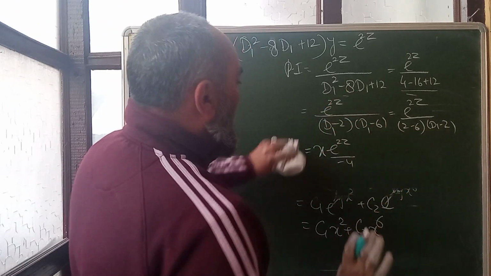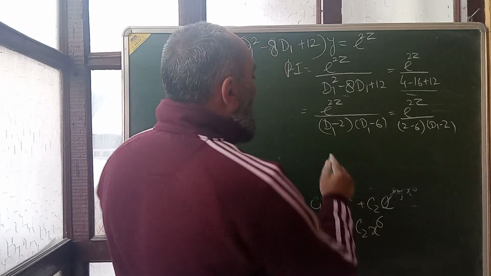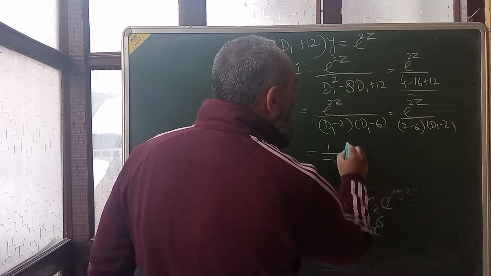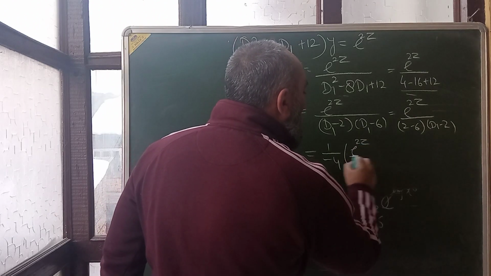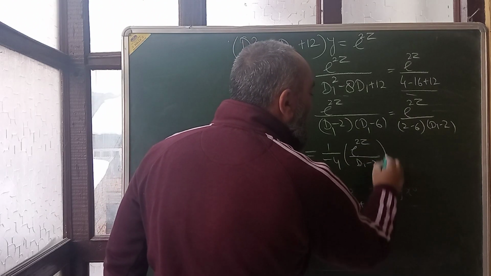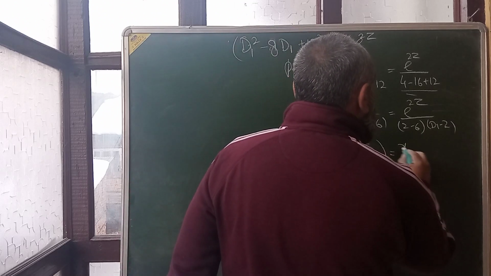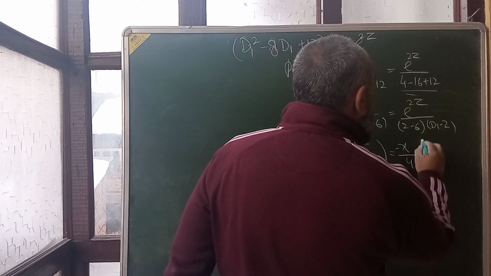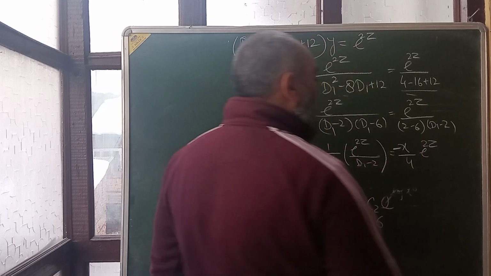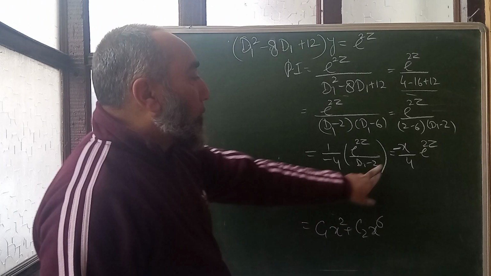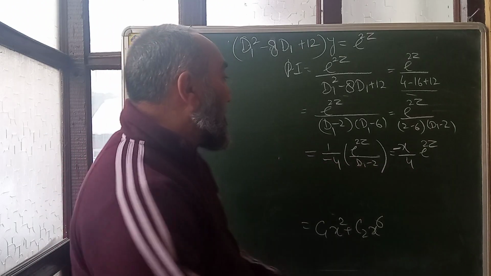If you have not understood, this is minus 1 by 4 e to the power 2z upon D1 minus 2. This is a case of failure, so I have to multiply by x. So minus x by 4 e to the power 2z. Now, the particular integral is in terms of z.